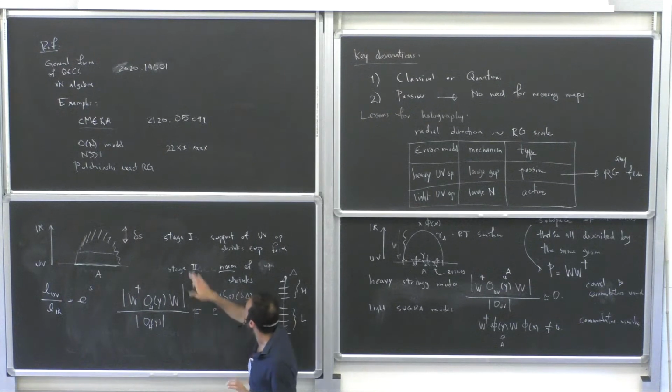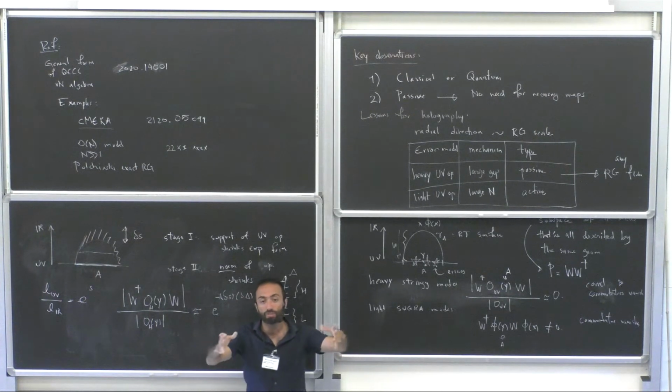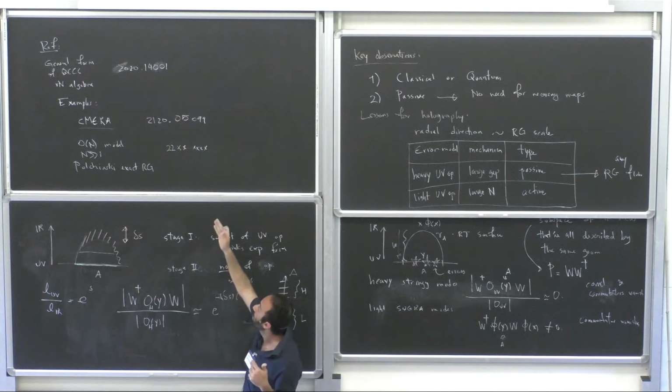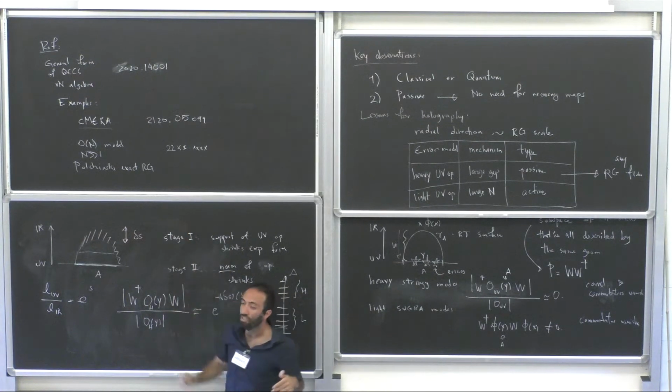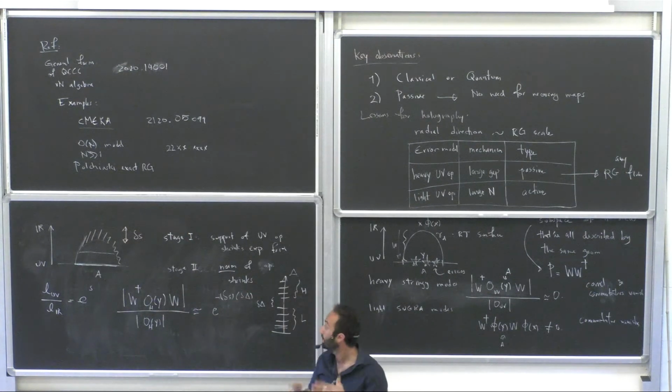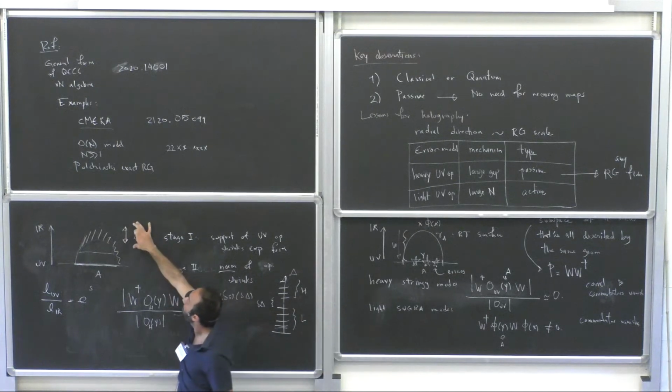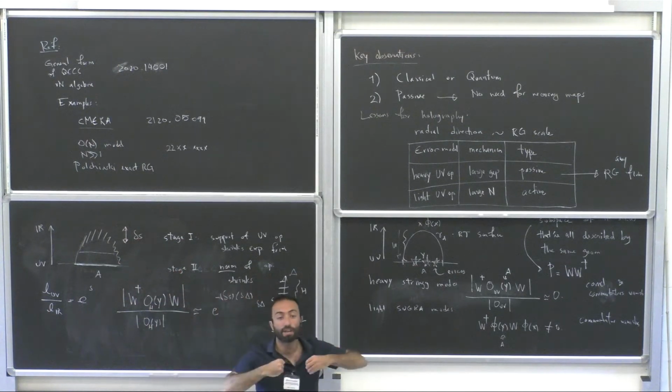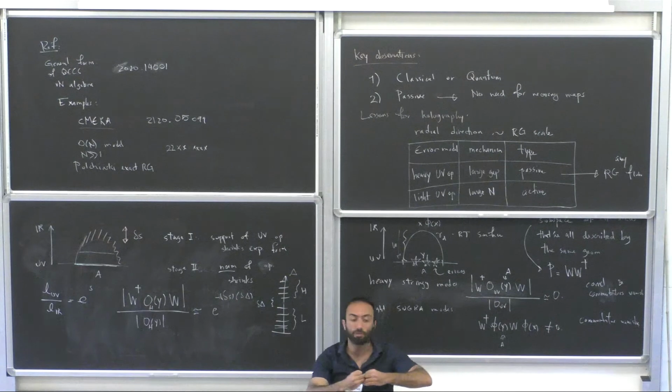In stage 1, the support of the operator shrinks exponentially fast. This is clear from MERA, but we're going to work this out, if we have time, in cMERA or using Polchinski's exact RG. And then in the second stage, the norm of the heavy operator drops exponentially fast.